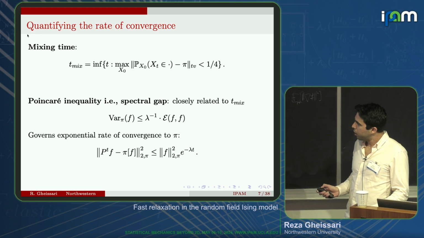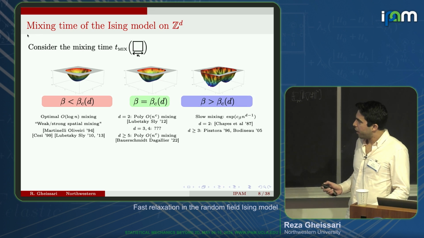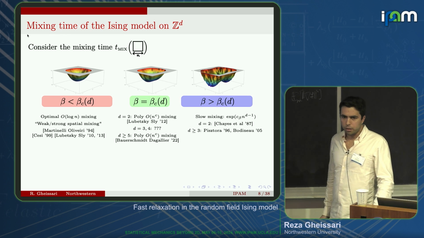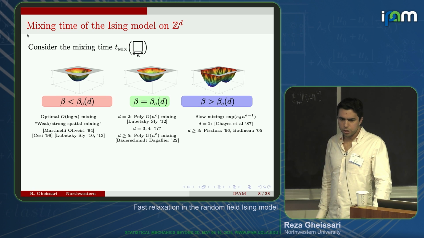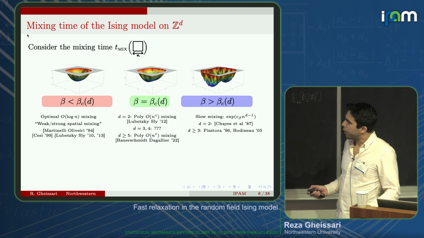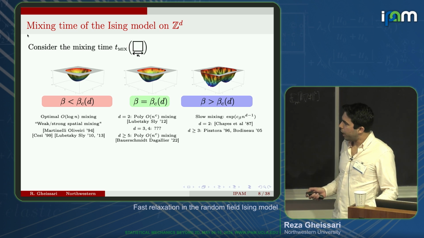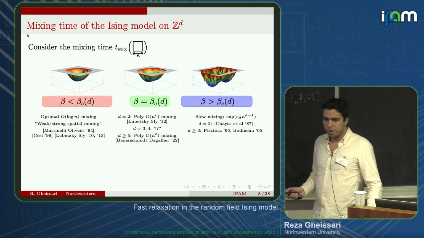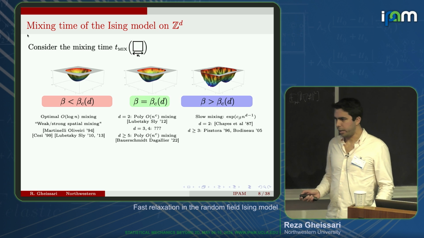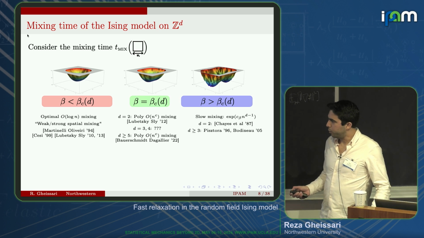Okay. So what's known about the mixing time of the Ising model on subsets of Z^d? There's a phase transition that corresponds to the equilibrium phase transition of the model. And okay, there's a couple of things I want to emphasize. So at high temperature, it's well known now that there's optimal order log n mixing and order 1 spectral gap. And in fact, you have cutoff.